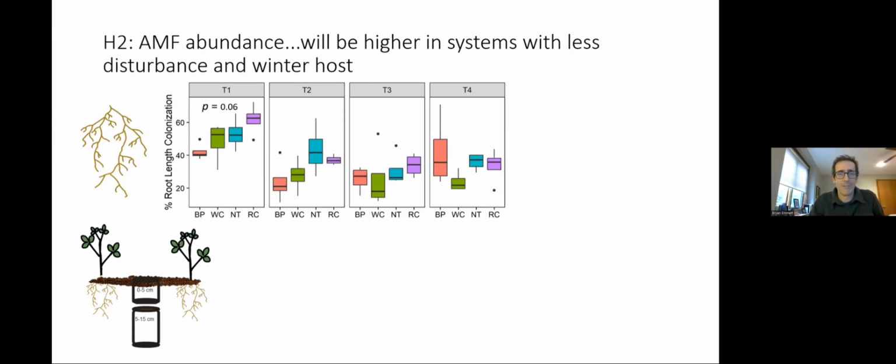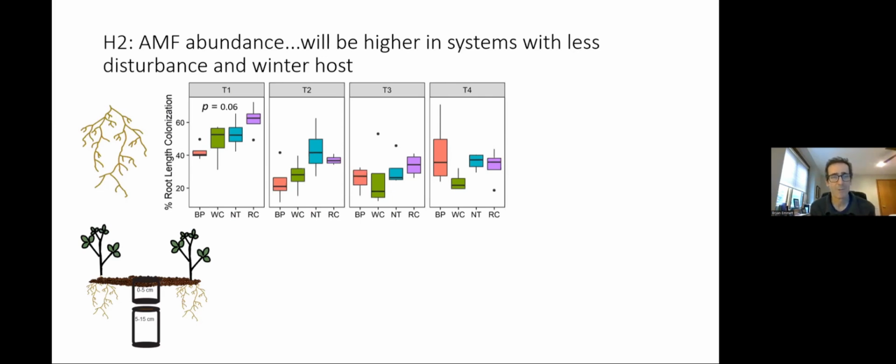And that's not a huge difference in terms of activity for AMF. So we have a fairly robust population of AMF, even in the systems that we think are going to be less favorable to them. And as we move away from the early harvests, so the first harvest took place 1 month after planting, and then each harvest is a month subsequent, that effect really disappears.